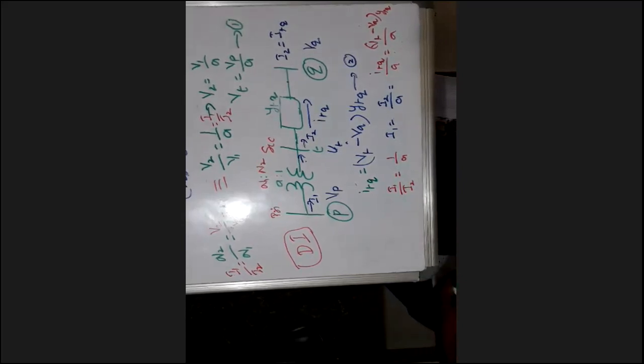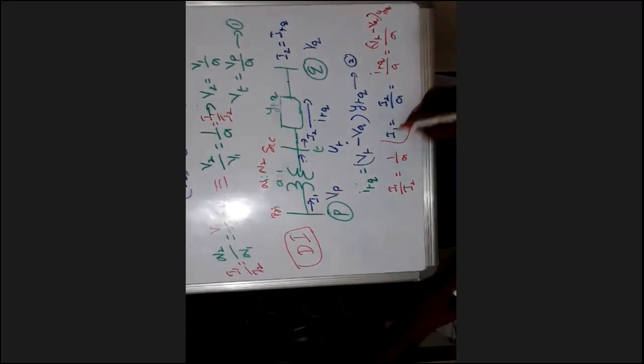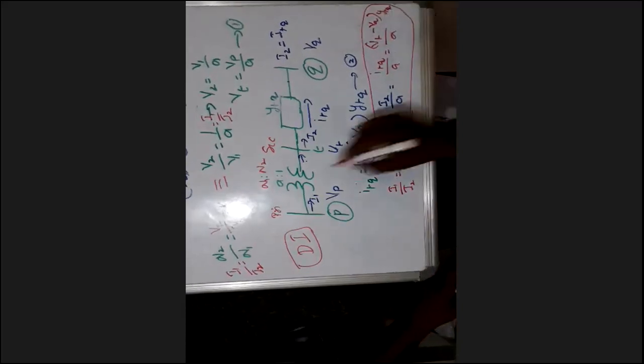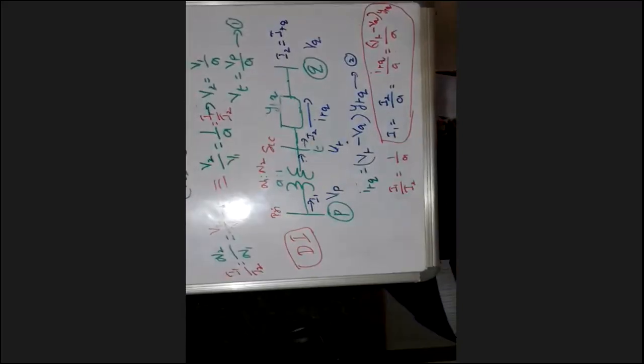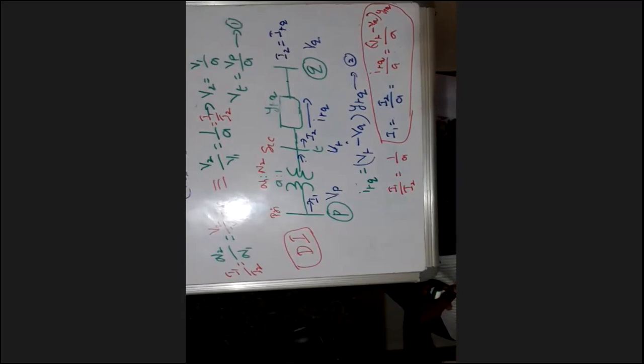Right. Next. So from this, I got the input port current. Is it right? Similarly, I need to find the output port current, I2.